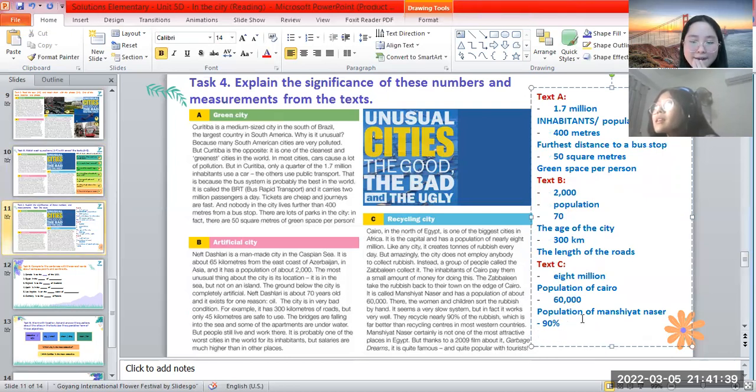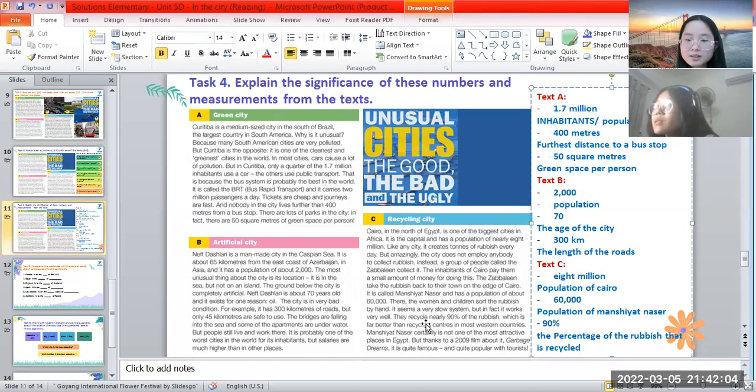90%. About the rubbish. So 90% is the percentage of the rubbish that is recycled.